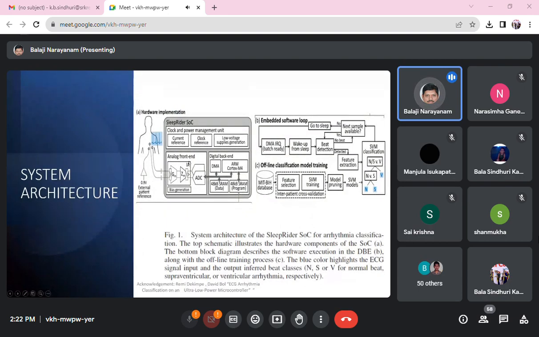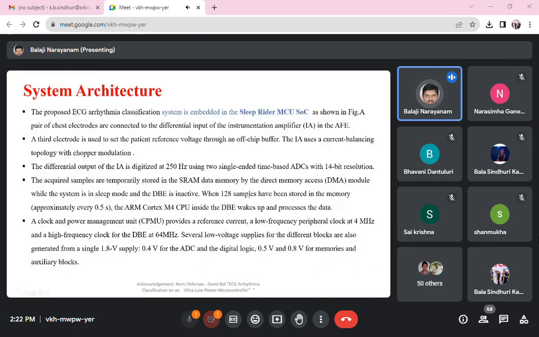This IA refers to an instrumentation amplifier. As we already discussed, the amplitude of the ECG signal is so low that it is very difficult to process. That's why you make use of an instrumentation amplifier, which amplifies that very low amplitude ECG signal, with 14-bit resolution.